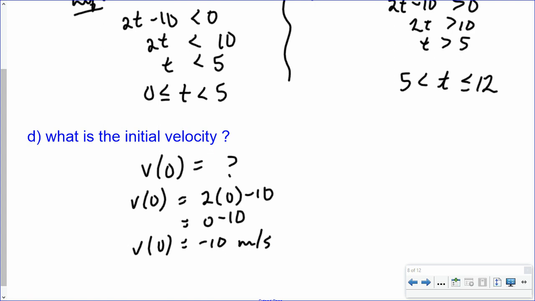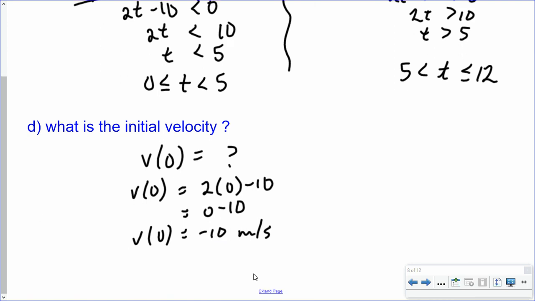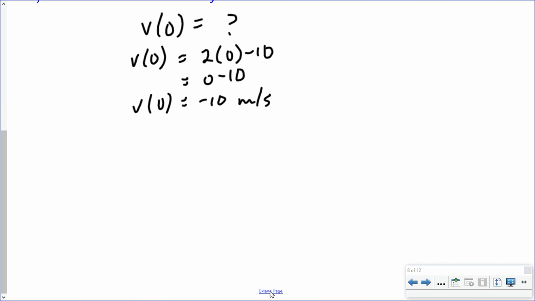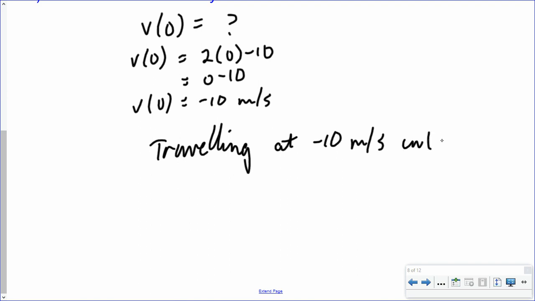It looks like the object was traveling initially at negative 10 meters per second when we first started to track this. And the negative sign represents that the object is moving in the negative direction.